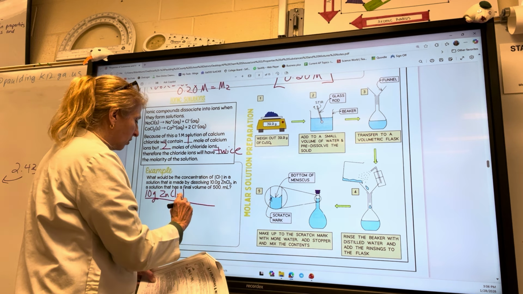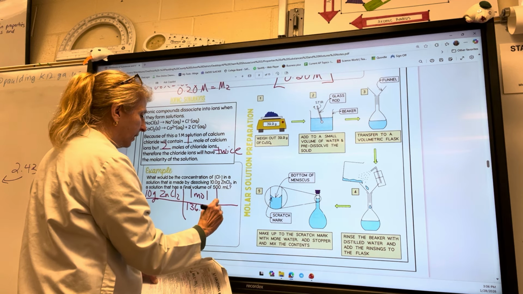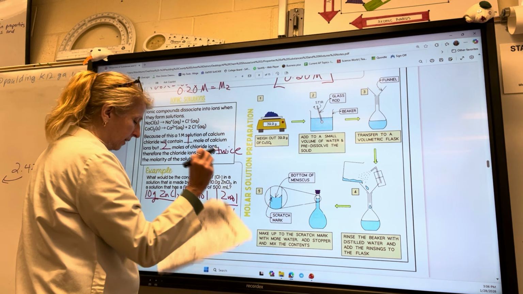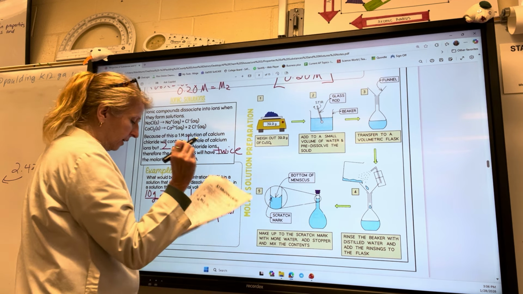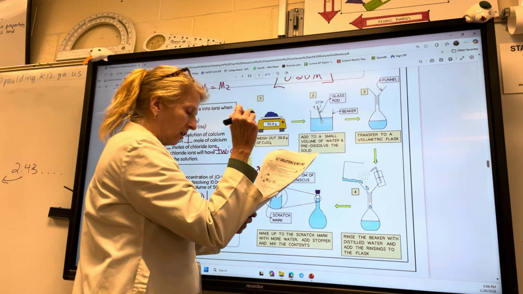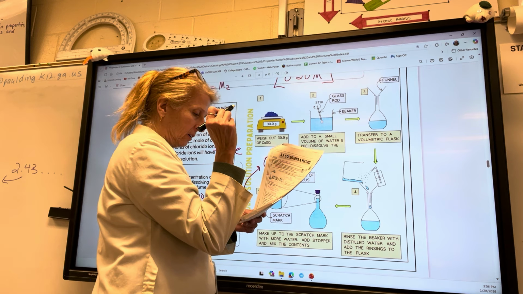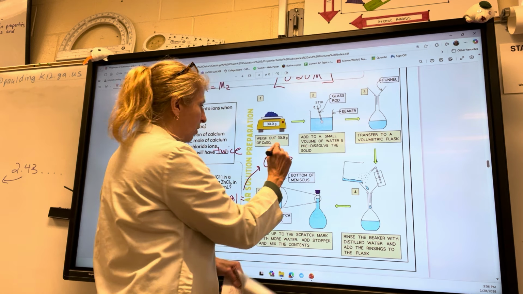And then to find out the chloride, because there's 2 for every 1, there's 2 moles for every 1. So we do our little math and we get 0.147 moles of chloride ions.